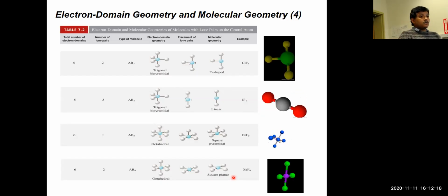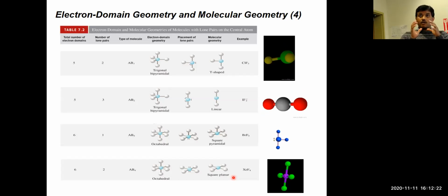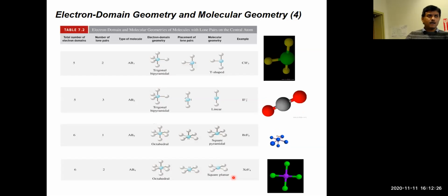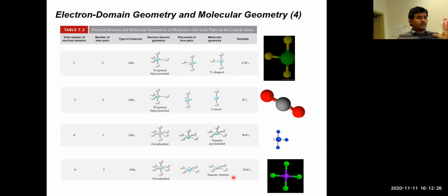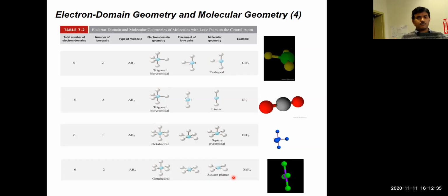Right. So these are all the types of molecular geometries that you have to learn in this chapter. We are only halfway done because we are going to use these for the bond angles, but we did the major work already in this chapter. This is what you need to know: the molecular geometry for every possible scenario on the central atom.